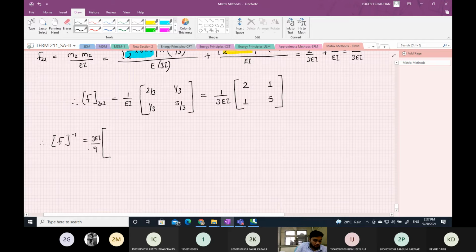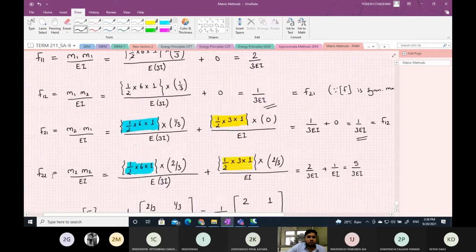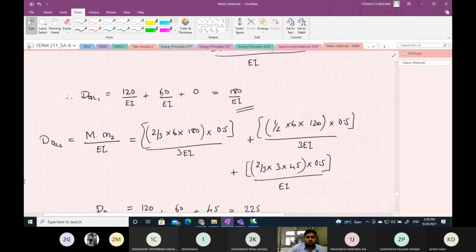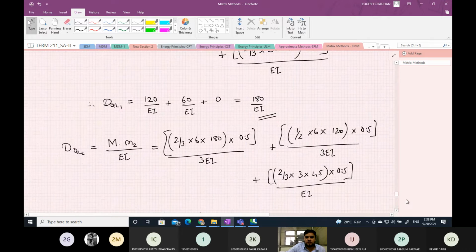This is the determinant of F. 5 minus 1 minus 1. And then you can find the redundant Q, which is our next step.